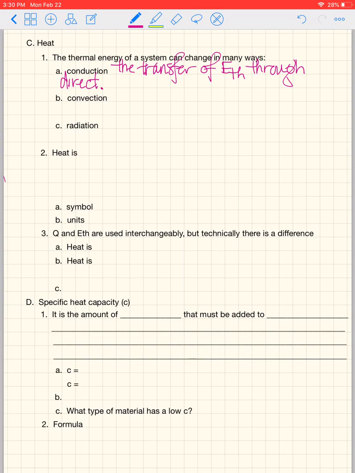Conduction. Convection is the transfer of thermal energy by the movement of a fluid. And by fluid, it doesn't have to be liquid. Air is considered a fluid.